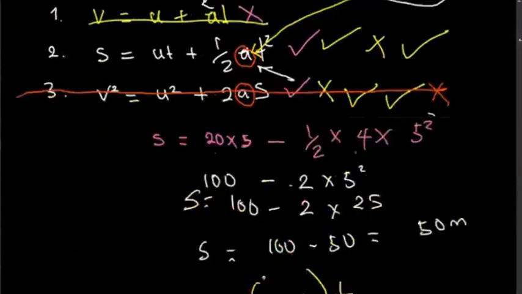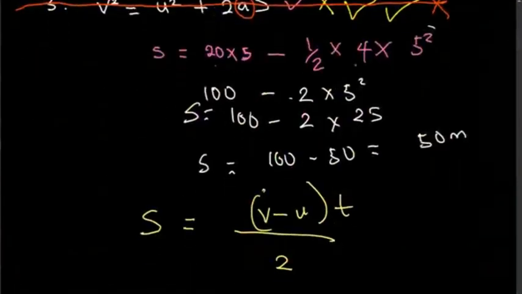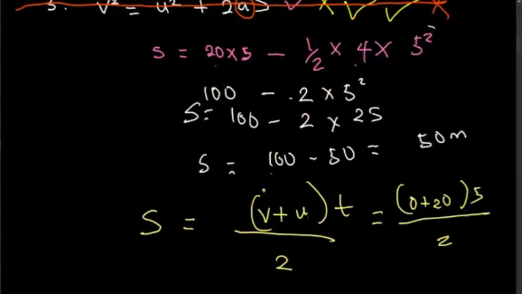If you utilize this formula, it's going to be plus, because it's V plus U. That's the formula. So 0 plus 20 times time. Time is what? 5 seconds. All over 2. 5 times 20 is what? 100. 100 over 2 is 50.